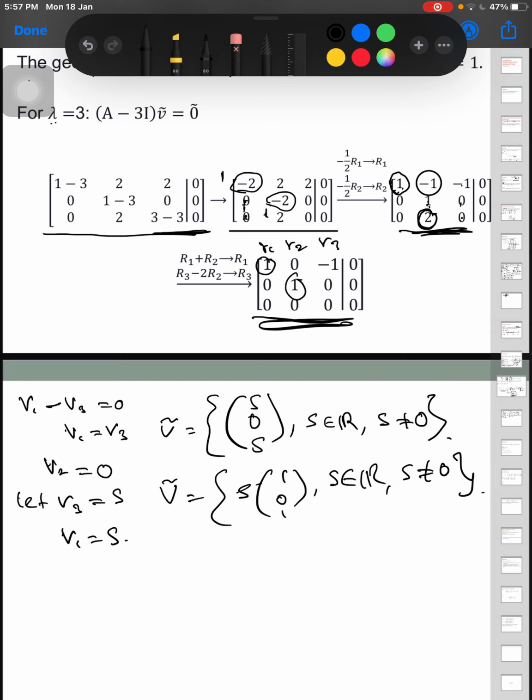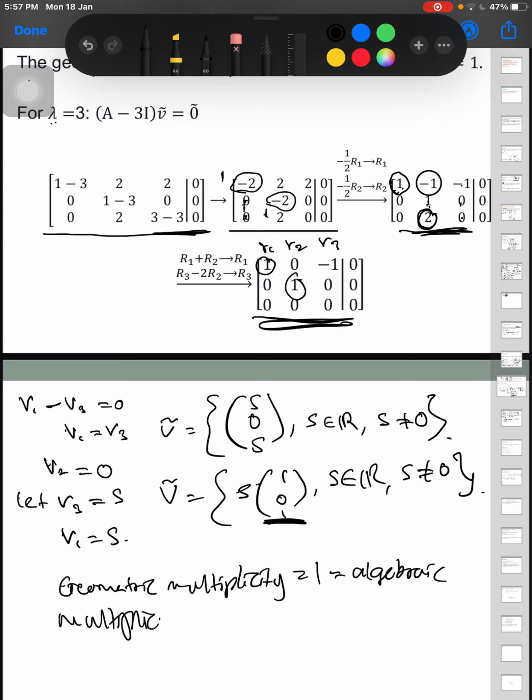Okay, after that this one will become the basis for the eigenspace for lambda equal to 3. So number of bases is only 1. Therefore the geometric multiplicity equal to 1, which is also equal to the algebraic multiplicity for lambda equal to 3.